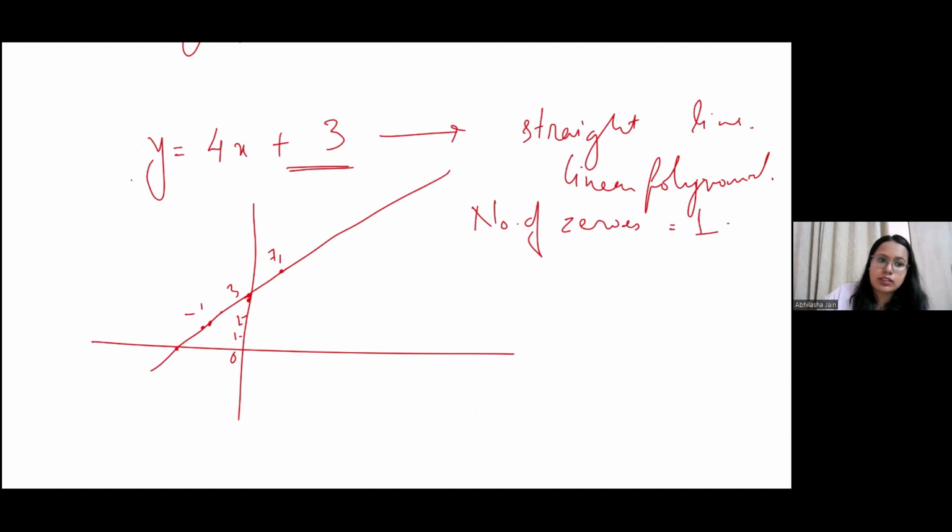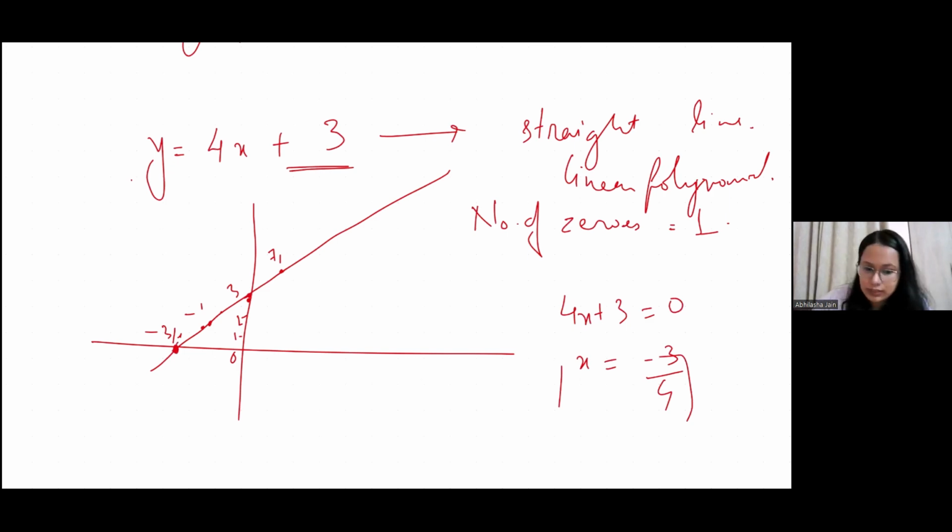This is what we calculated, right? 4x plus 3 is equal to 0, x is equal to negative 3 over 4. This is where it's touching the x-axis. So that's what the zero of a polynomial means.